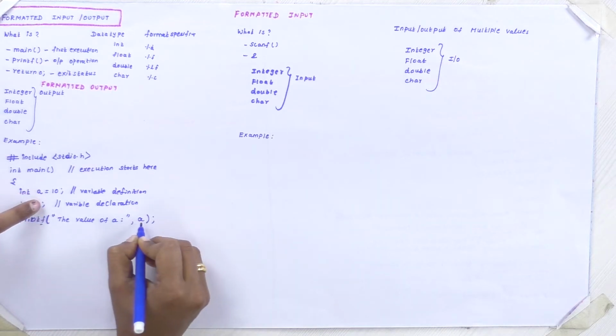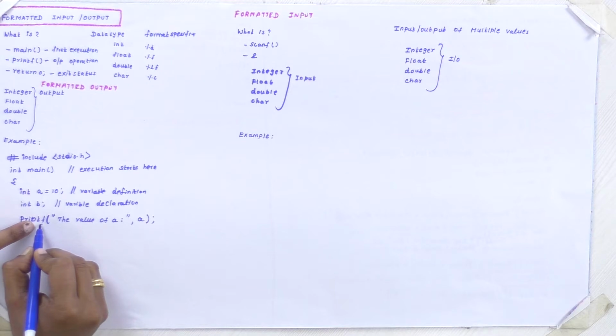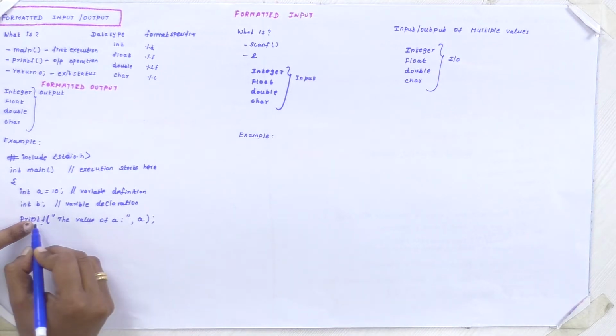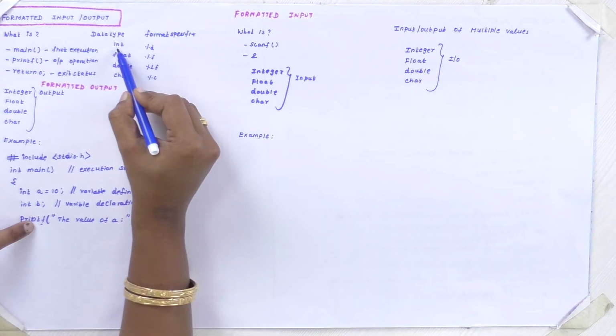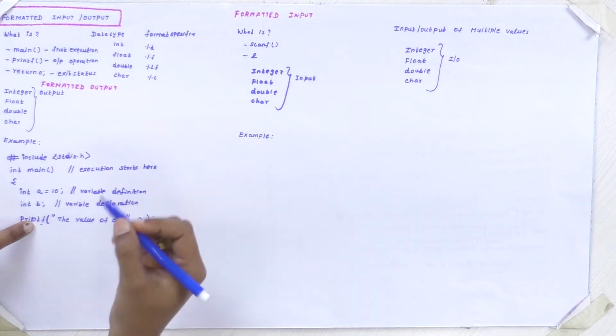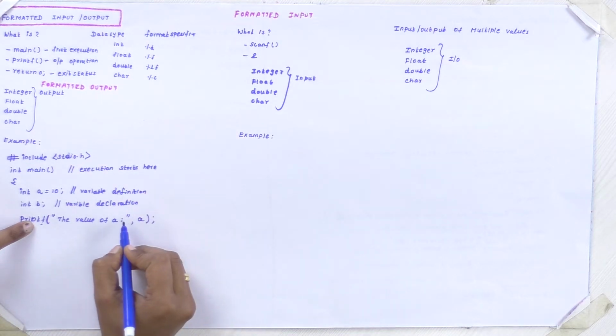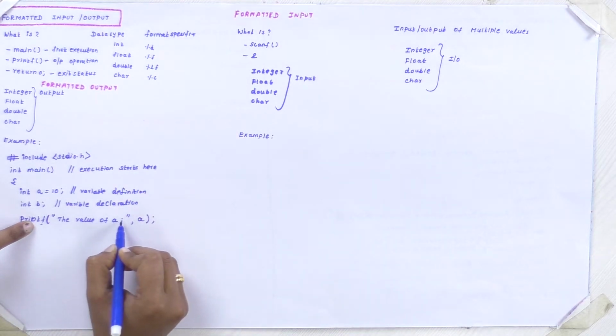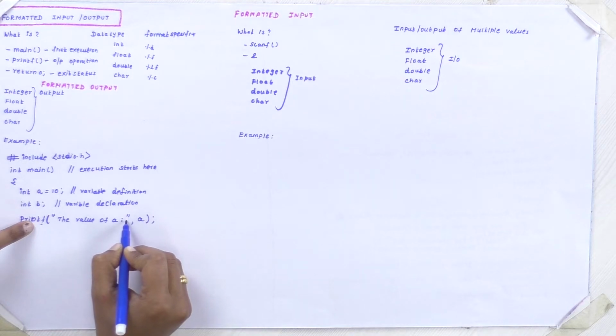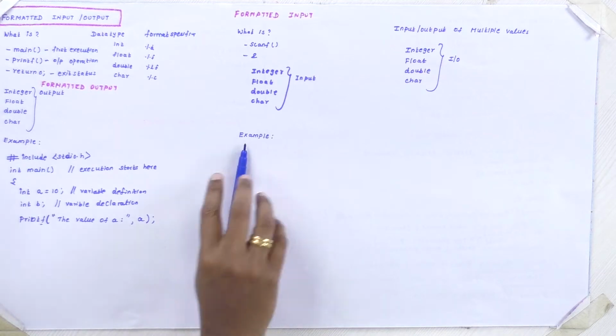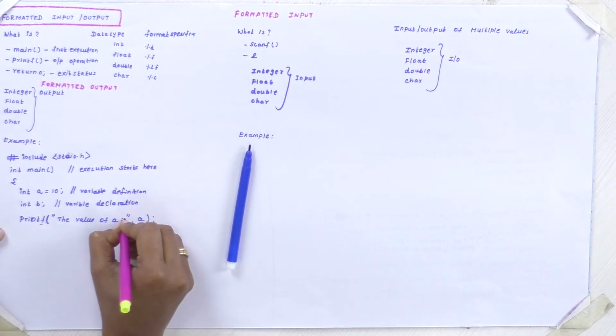So this will not display a value because we have to specify the format specifier. So what is the format specifier for int? %d. Where you have to display the value of a, so here I have to display the value of a. So here you have to use %d.